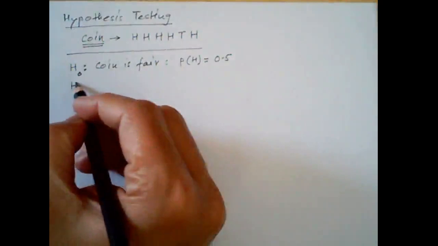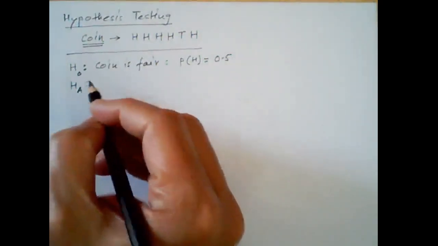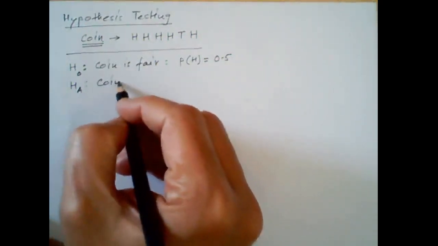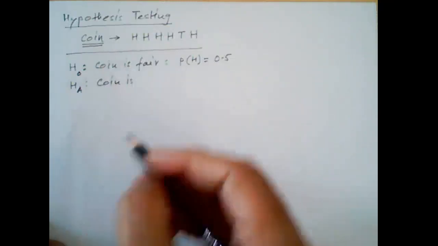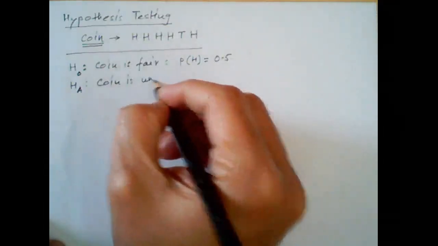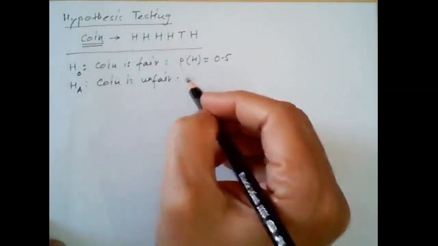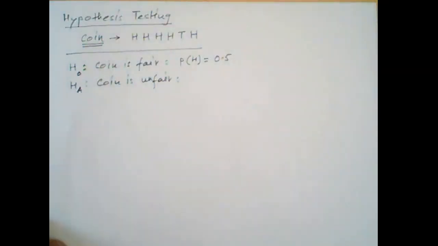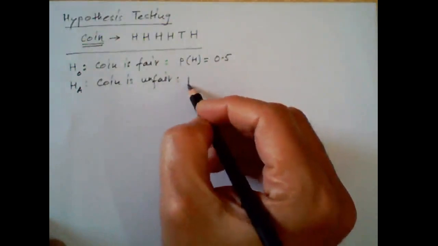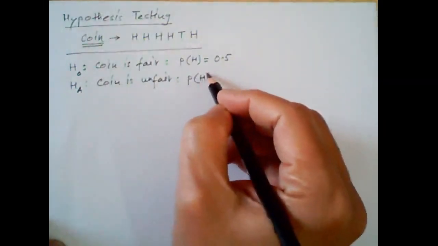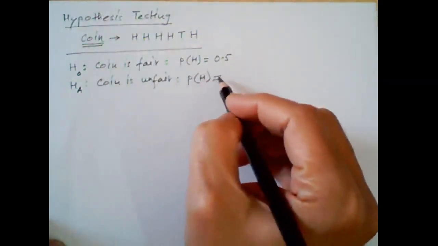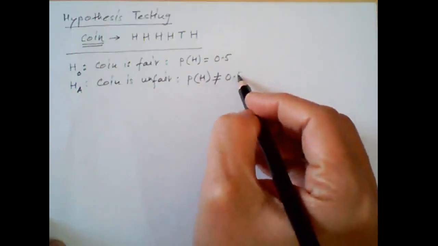Now, what is the alternative hypothesis? The alternative hypothesis is that the coin is unfair, and in mathematical language, this would be written as P of H is not equal to 0.5.